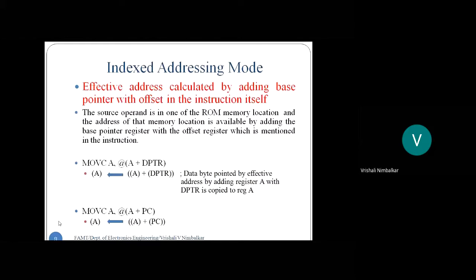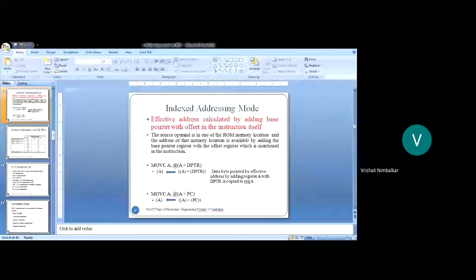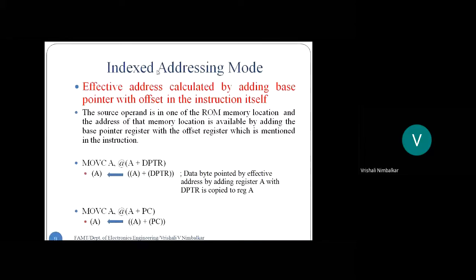And we will see the last one and we will stop after this. The last addressing mode is index addressing mode. Now index addressing mode is to be used only when we are reading from ROM memory. Correct? Index addressing mode is not used for external RAM and internal RAM.